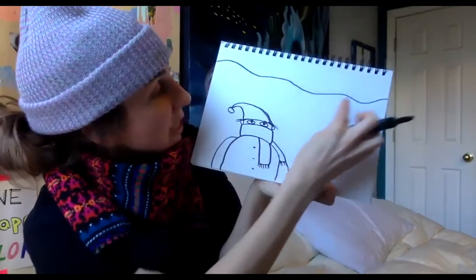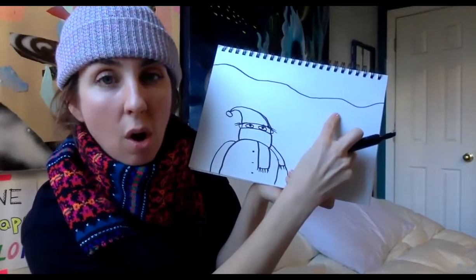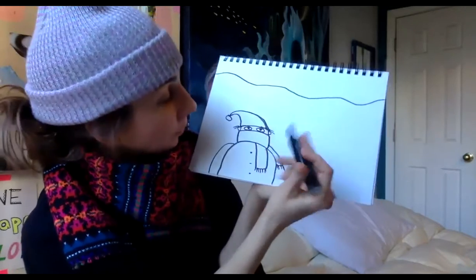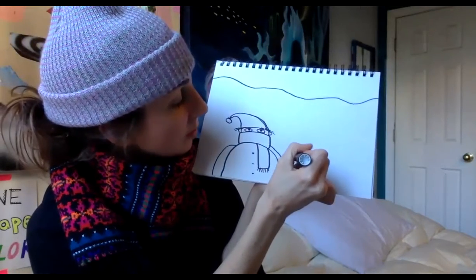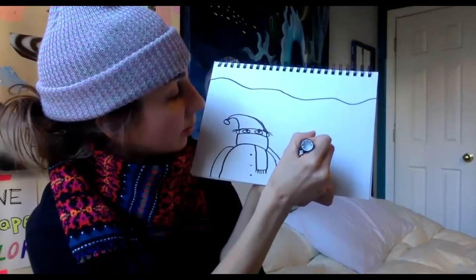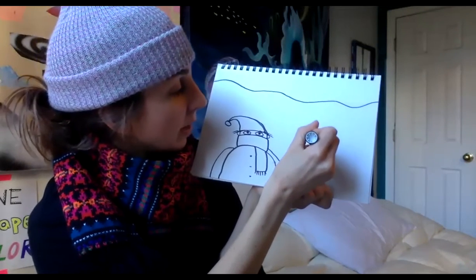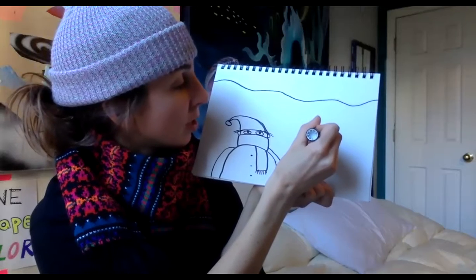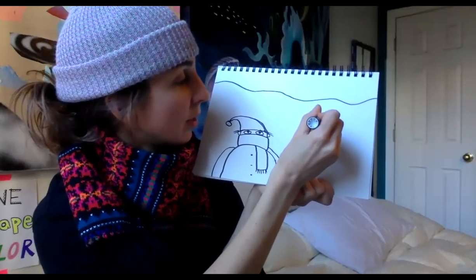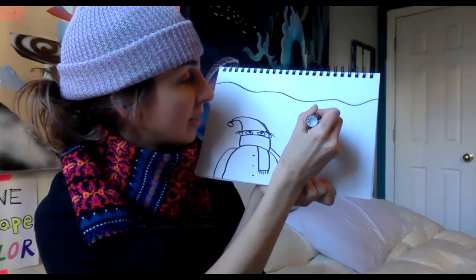So let's pretend that we walked from over here all the way to the front. So you can make little tracks in the snow, go all the way back, get smaller and smaller as they go back until they look like little dots.